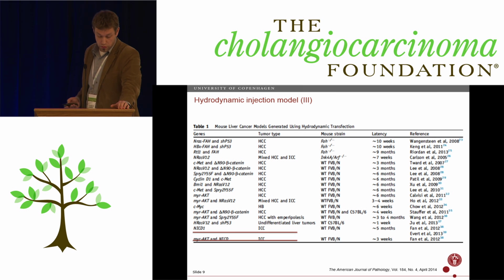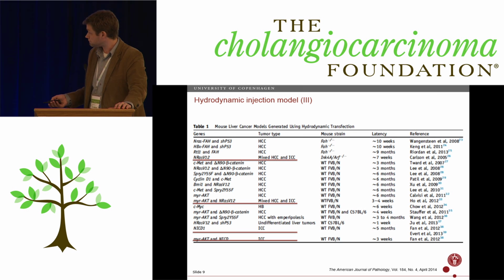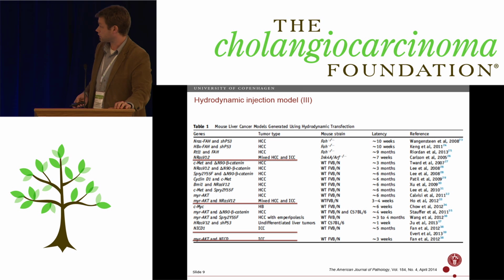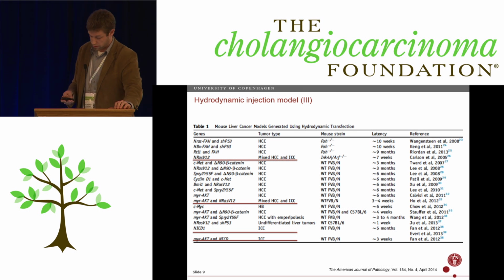But as can be seen, quite a few of these oncogenic models in the hydrodynamic injection model lead to intrahepatic cholangiocarcinoma. Actually, only activation of NOTCH in combination with mutated AKT leads to intrahepatic cholangiocarcinoma, as well as two models leading to a mixed hepatocellular carcinoma and intrahepatic cholangiocarcinoma. The rest leads to hepatocellular carcinoma.